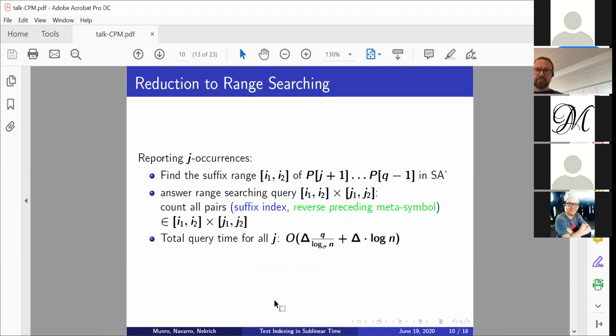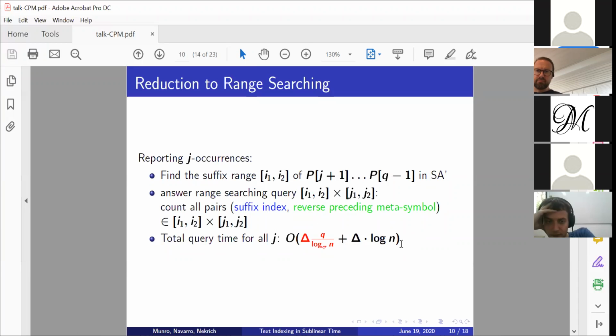We'll report all pairs, index and reverse preceding meta symbol, which lie in this range I1, I2 times j1, j2. So each query can be answered in log n time roughly. Therefore, if we sum over all j, then the query time will be delta times q divided by log sigma n plus delta times log n.